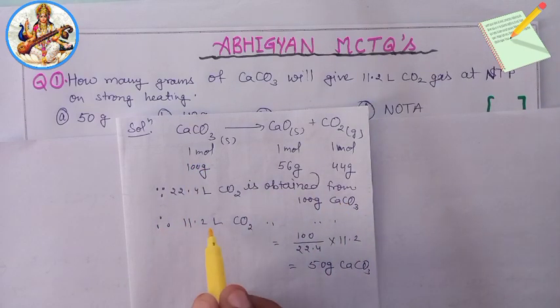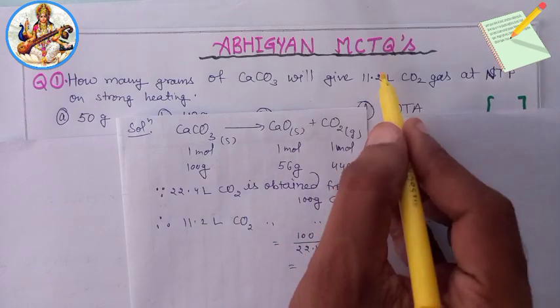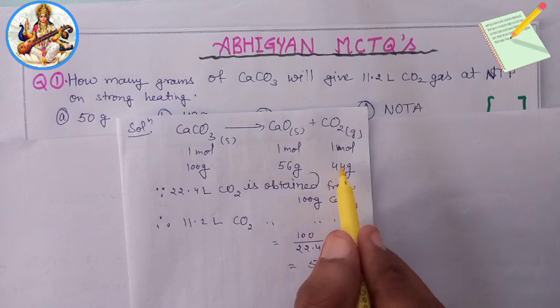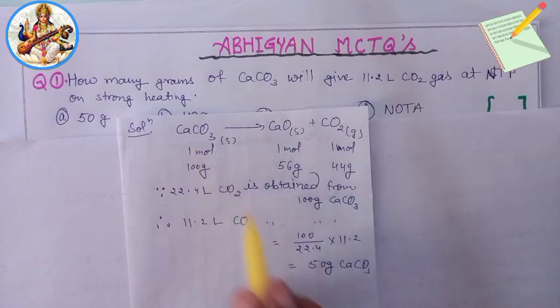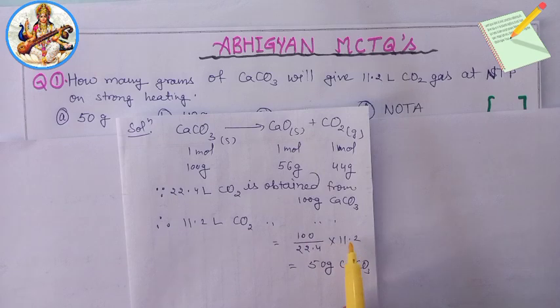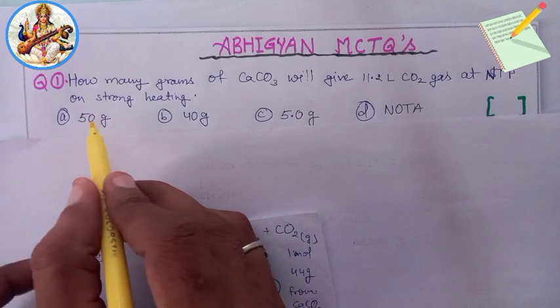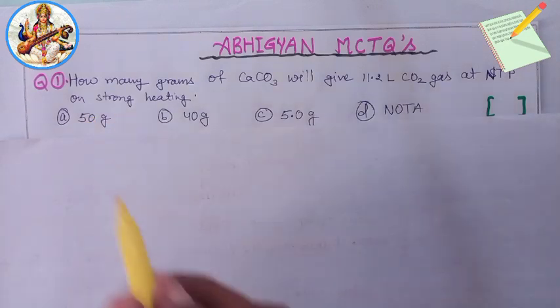Therefore, the given value, 11.2 liter of CO2, is obtained from 100 into 11.2 divided by 22.4. The resultant value is 50 gram of calcium carbonate. So the answer will be option A, 50 gram.